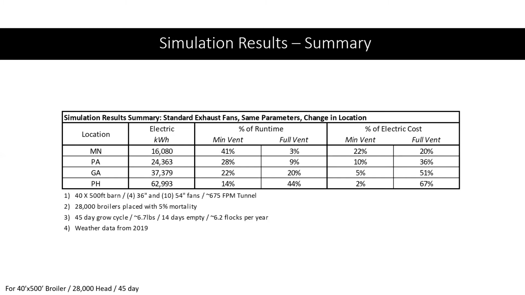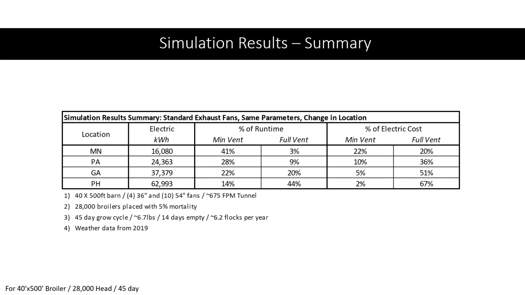So in this simulation today, when we think about return on the investment for different quantities and also long-term savings, we're looking at 4 different geographic areas: Minnesota, Pennsylvania, Georgia, and then Philippines. You can see the electrical cost column in kilowatt hours, which is what we would expect.